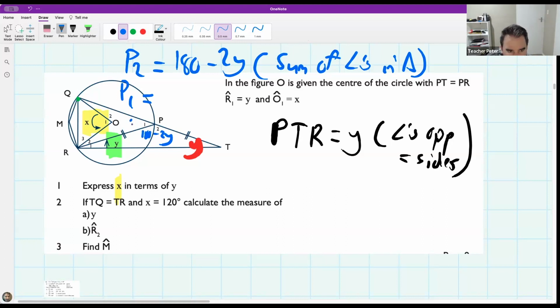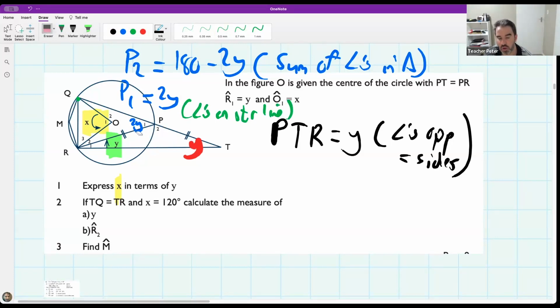Give me a thumbs up if you understand why this has to be 2y, because that would just be angles on a straight line. Or you could also say that's the exterior angle of the triangle. So the exterior angle P1 is equal to the sum of the interior opposites. Oh, Sange got there first. Well done, Sange. Okay, so this is 2y.